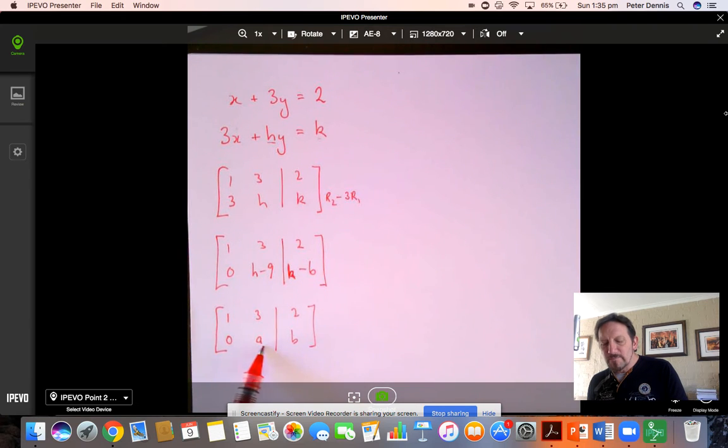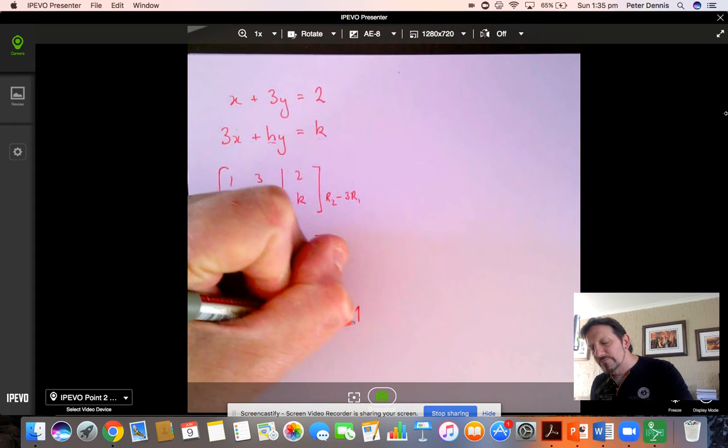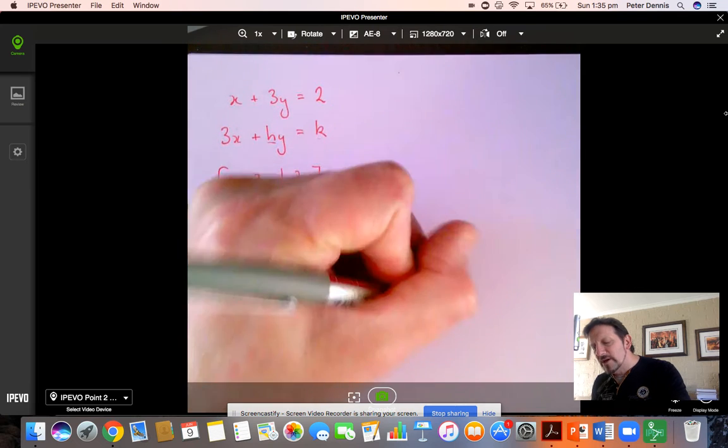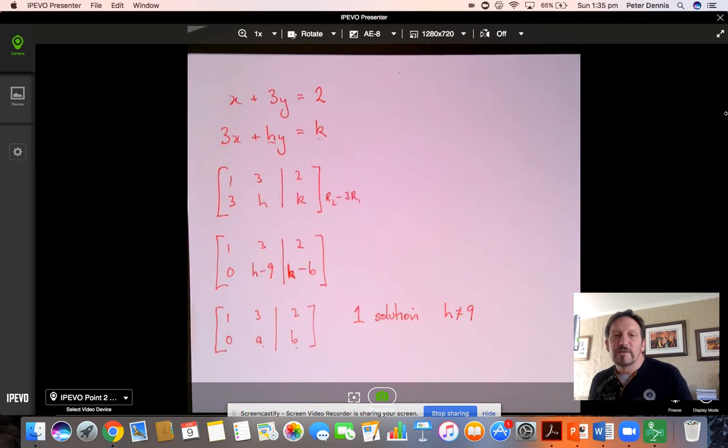So if we get a number here and a number there, everything's fine. So if we want one unique solution, as long as h does not equal 9, we are going to get one solution to this equation. h can be anything as long as it's not 9.